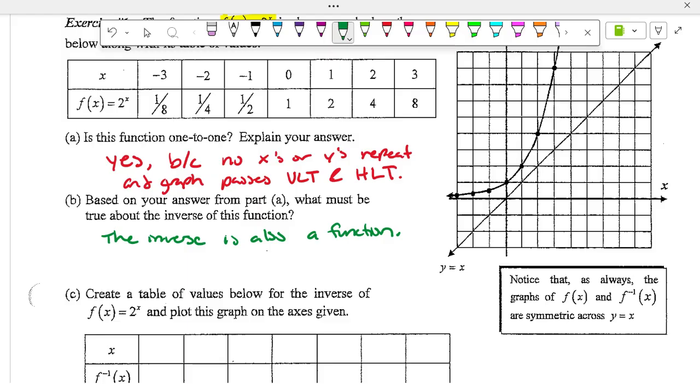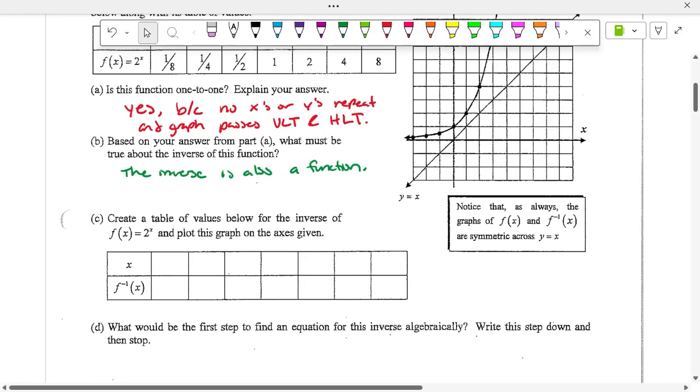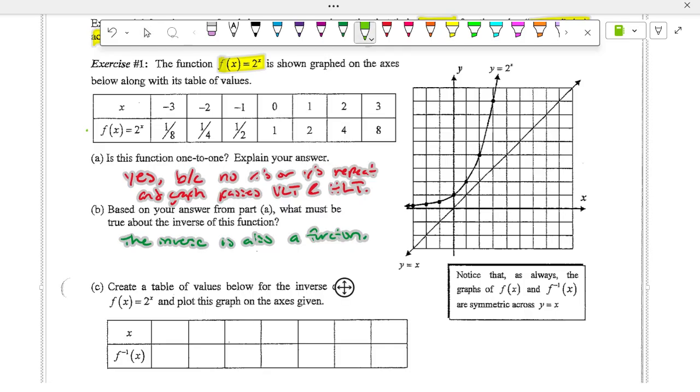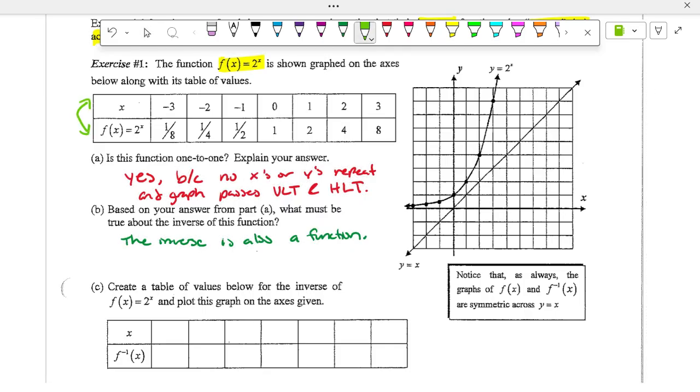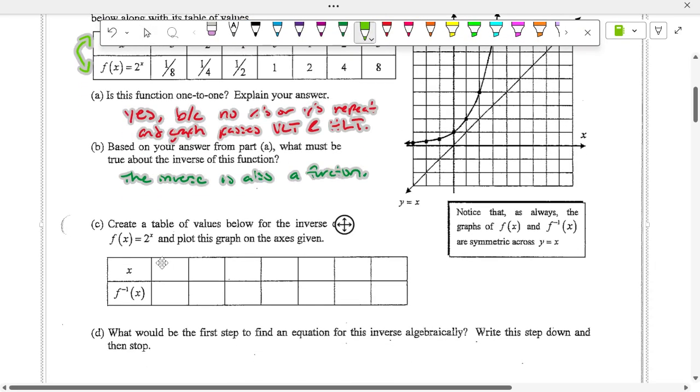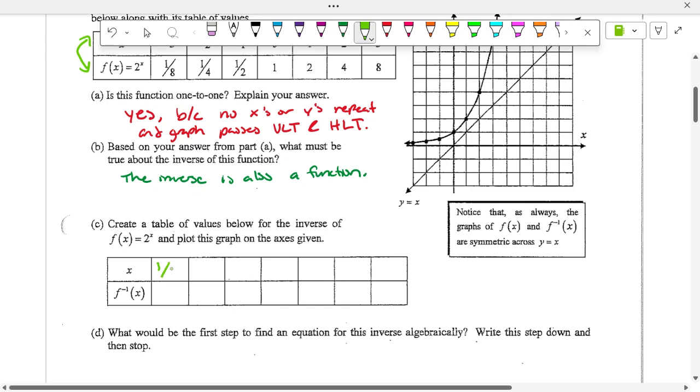All right, now, since we know what the original function is, now we can graph the inverse. So what do we have to do if we want to make the table? Just switch the x's and the y's. So we're just going to switch these two rows. So my first row for the x's, for the inverse, is going to be the f of x for the top.